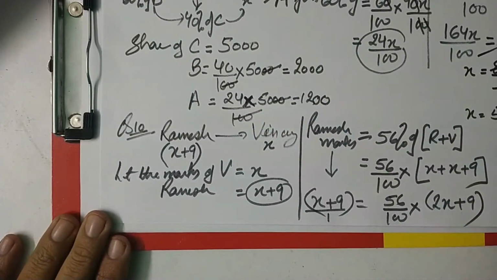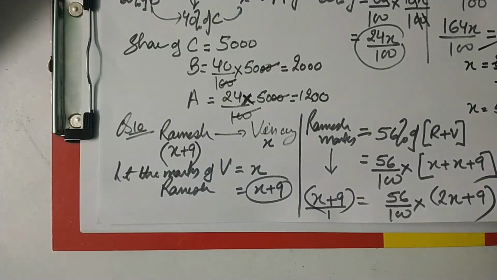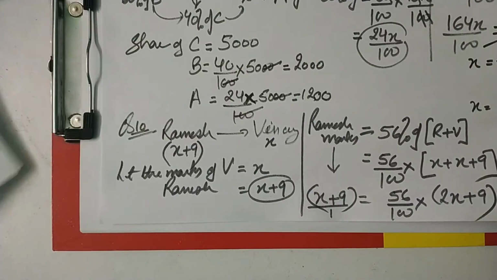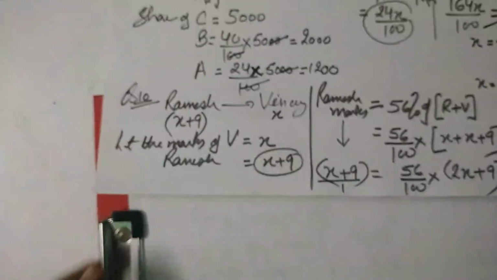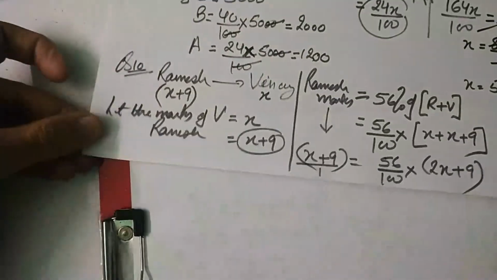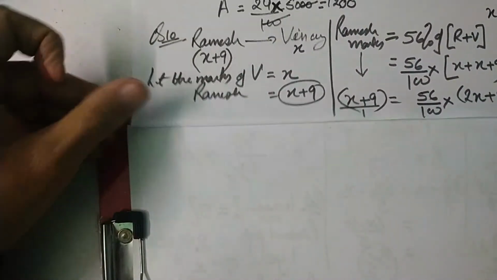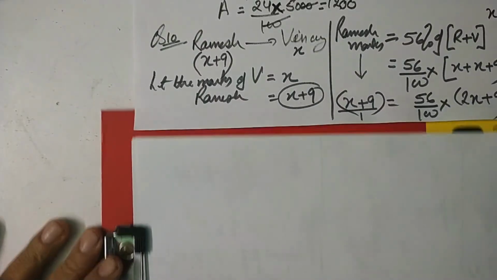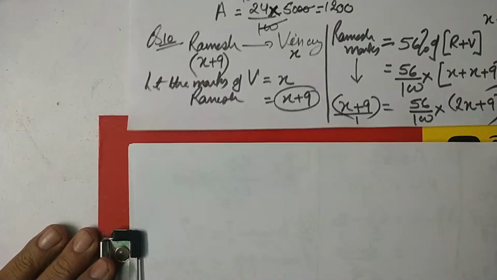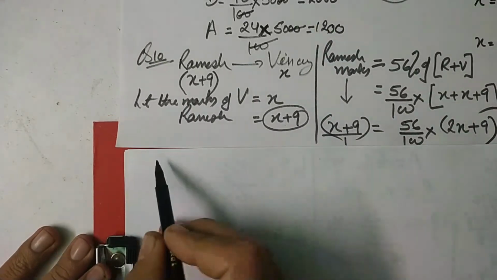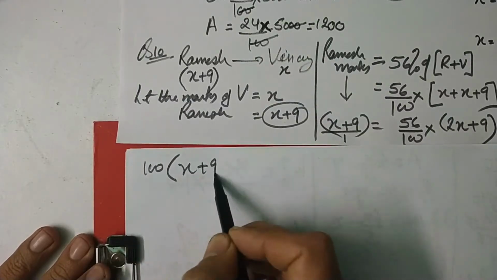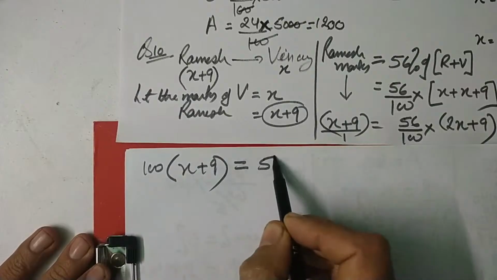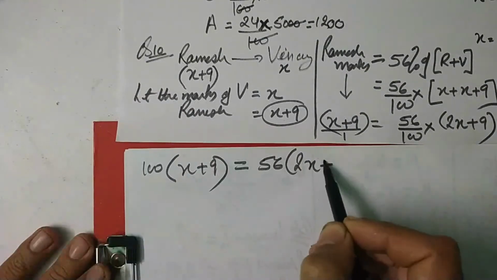And this will cross multiply. When you cross multiply, 100 will come this side. So when you cross multiply, it will become 100 into x plus 9 is equal to 56 into 2x plus 9.